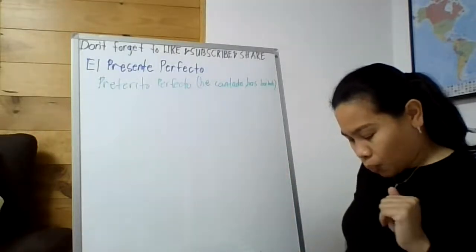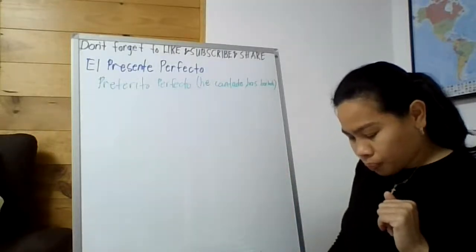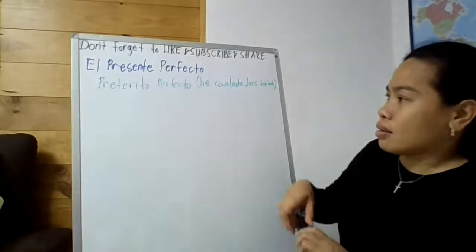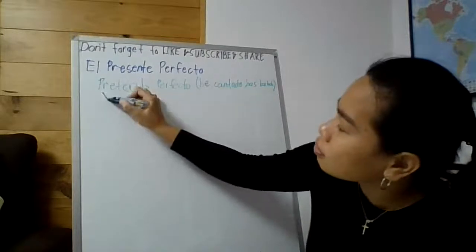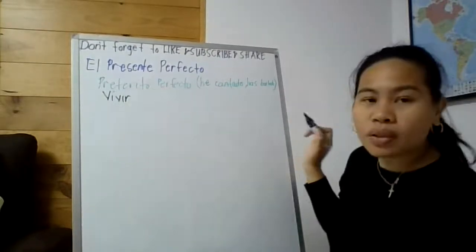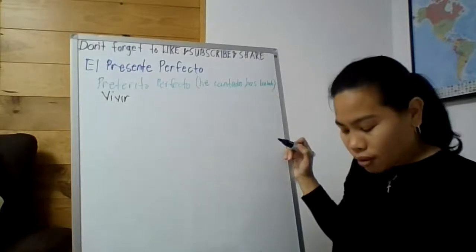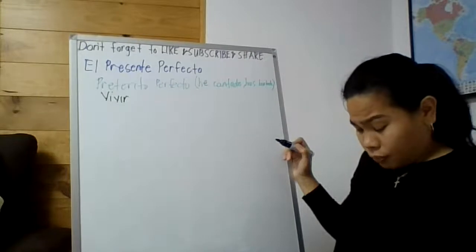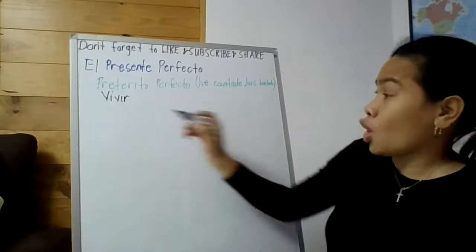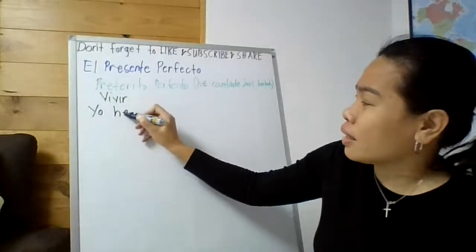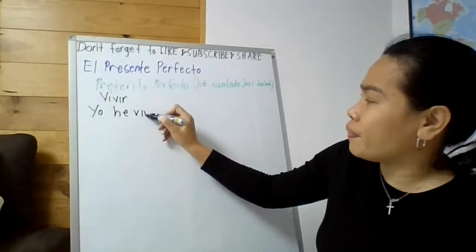So for example, we are going to use the verb vivir. El verbo vivir. Okay? So, for example, yo he vivido.